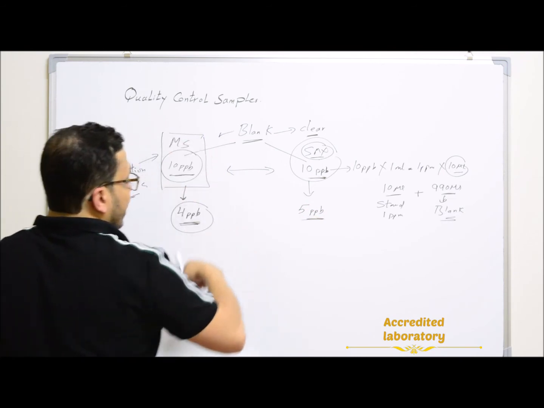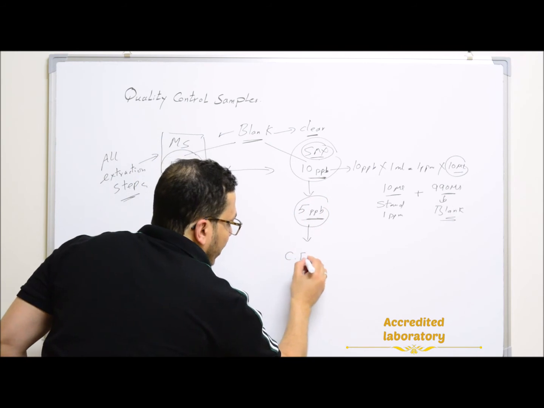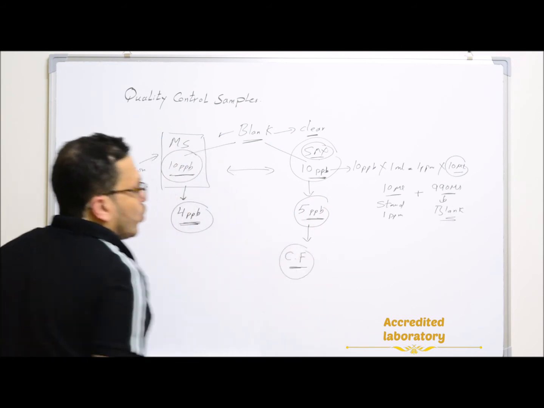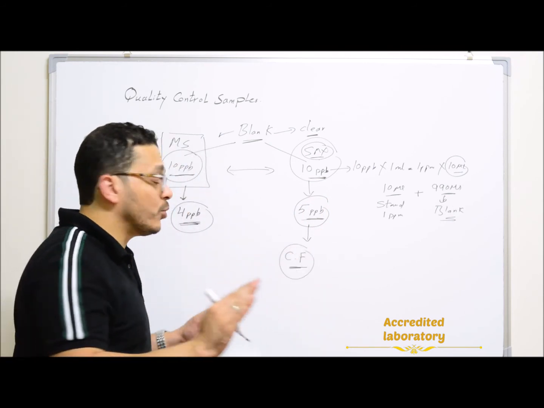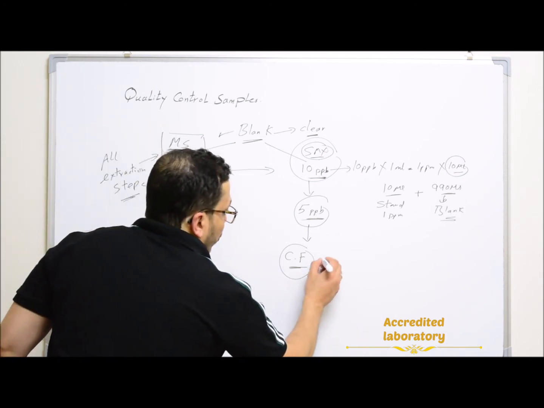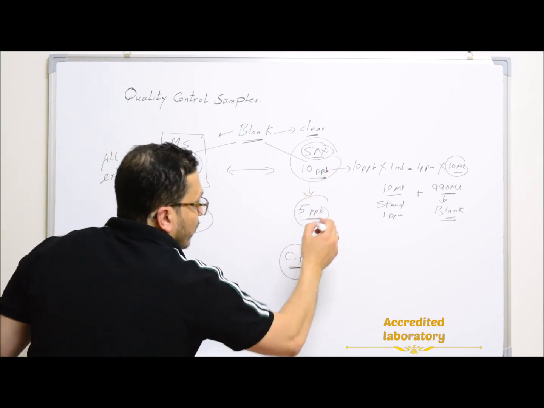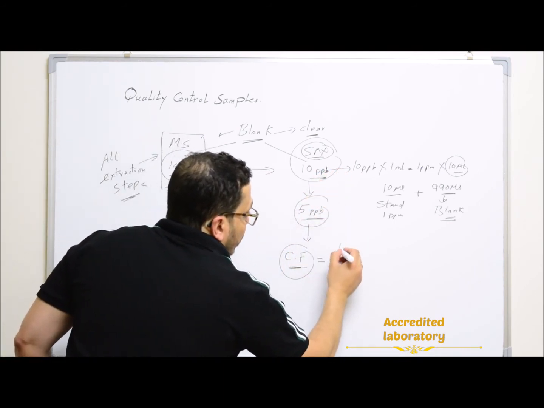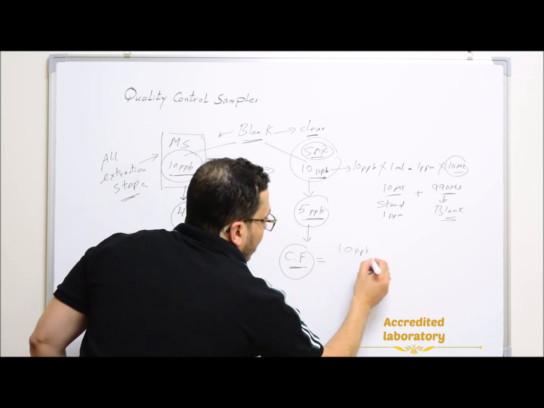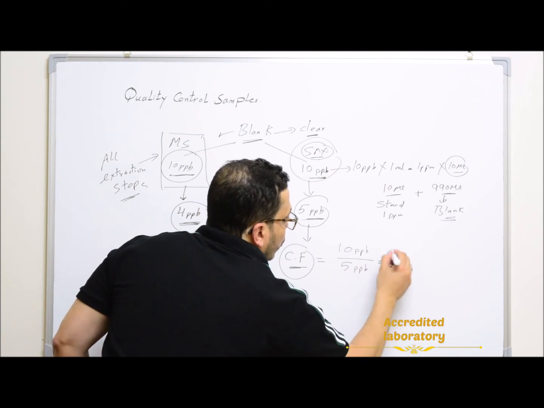Before you calculate the recovery, you will calculate the correction factor, because this correction factor will be multiplied with all of your samples and also with the matrix spike. Correction factor, as we said before, is theoretical concentration divided by practical concentration: 10 ppb divided by 5 ppb equals 2.